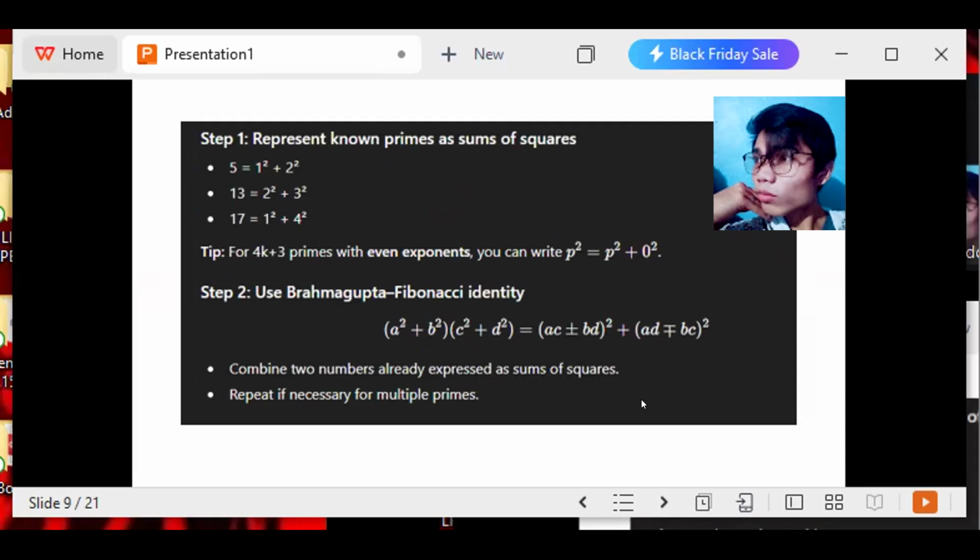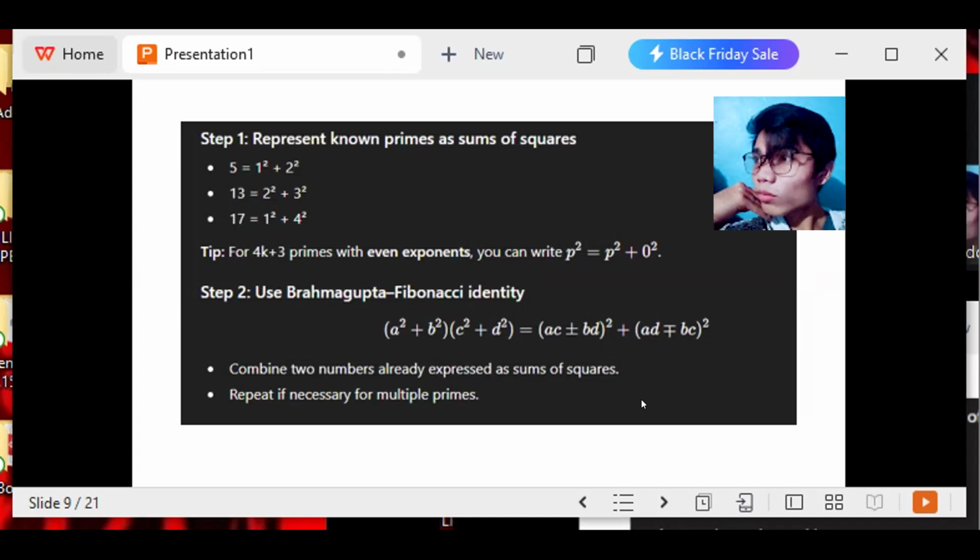So next, let's represent the known primes as sums of squares. We have here 5 is equal to 1 squared plus 2 squared. So we're just going to break it down as smaller sums of squares. 1 squared plus 2 squared is equal to 5 because 4 plus 1 is equal to 5.